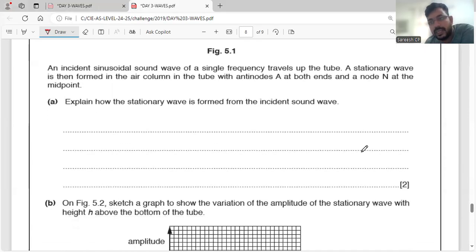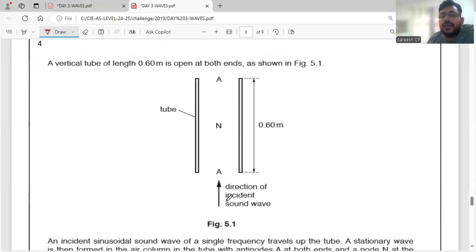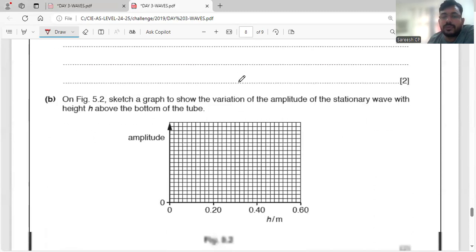The wave passing through the tube reflects and comes back, so the reflected wave and the ongoing wave overlap. You need to say that the wave gets reflected from the top of the tube and then interferes with the ongoing wave. So two waves moving in opposite directions superpose and form it.